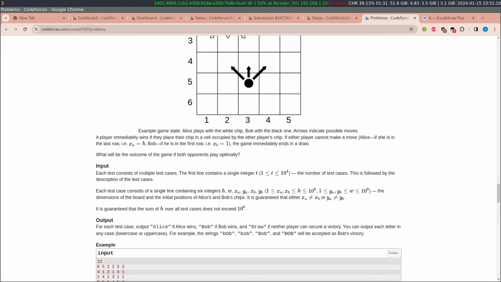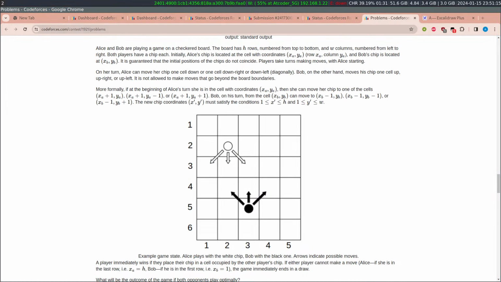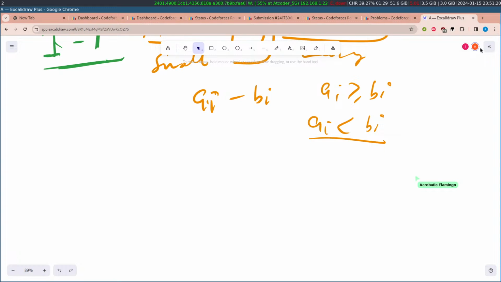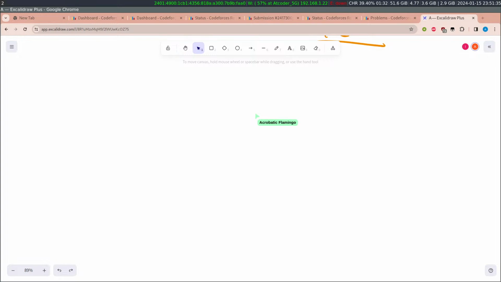So moving on to the solution for this one. Here in the first sample, we are given that we have a 6 x 5 grid, and Alice is at 2, 2 and Bob is at 5, 3.